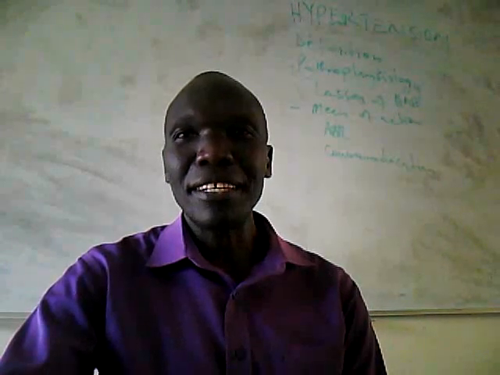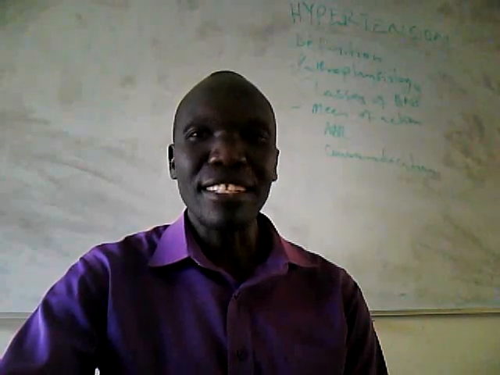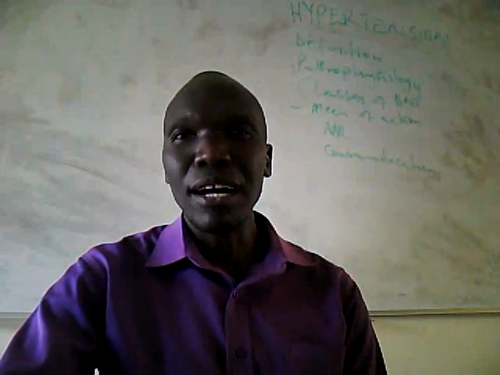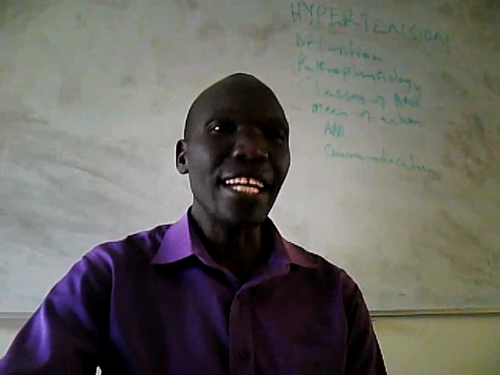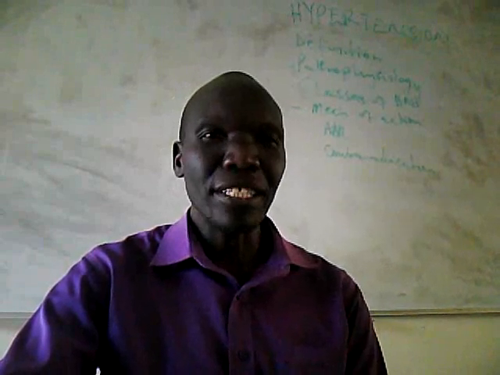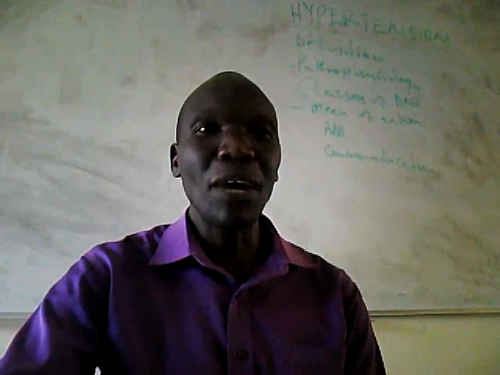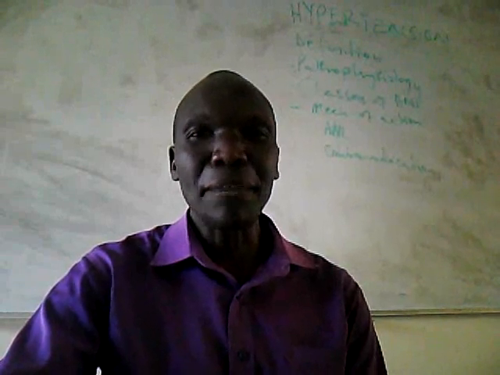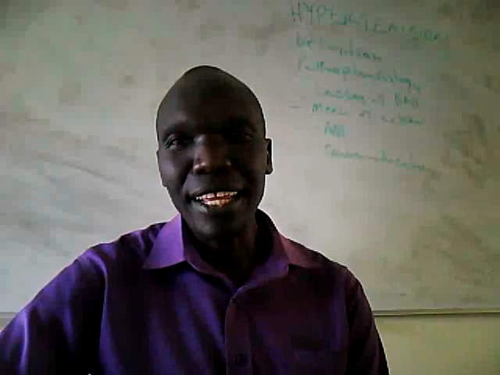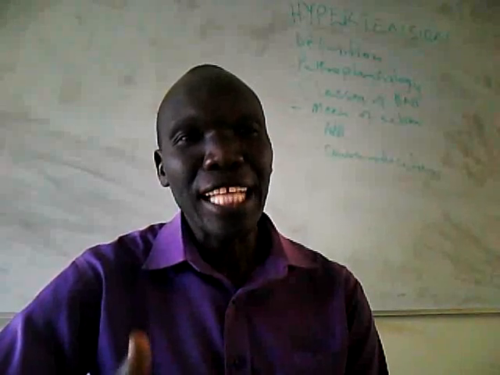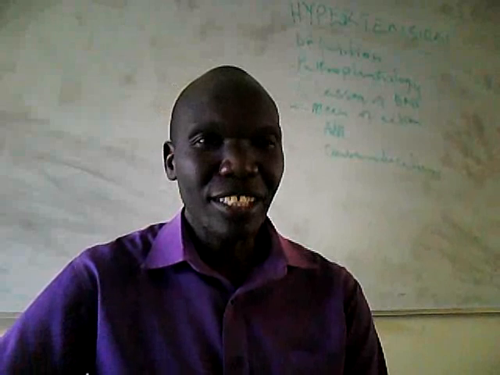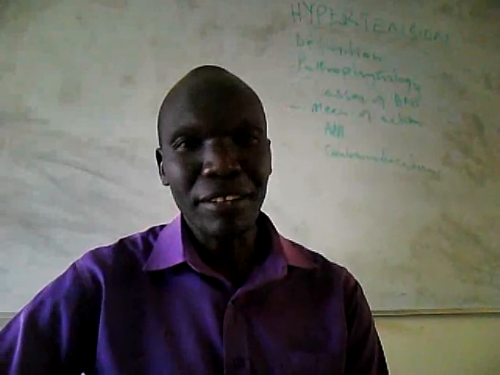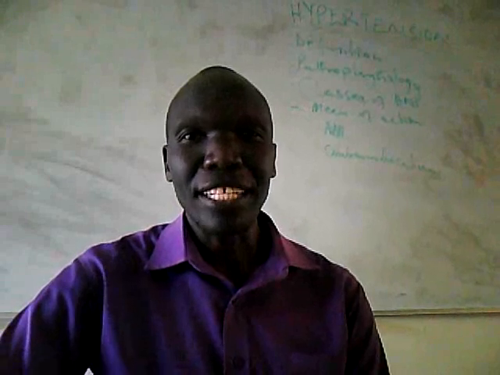The diastolic blood pressure ranges from about 60 millimeters of mercury up to 99 millimeters of mercury. But when it reaches 100, 101, 102, that is eyebrow raising. We always take precautions. And sometimes what we take as a normal blood pressure range can be very detrimental to some patients, depending on the prevailing circumstances.